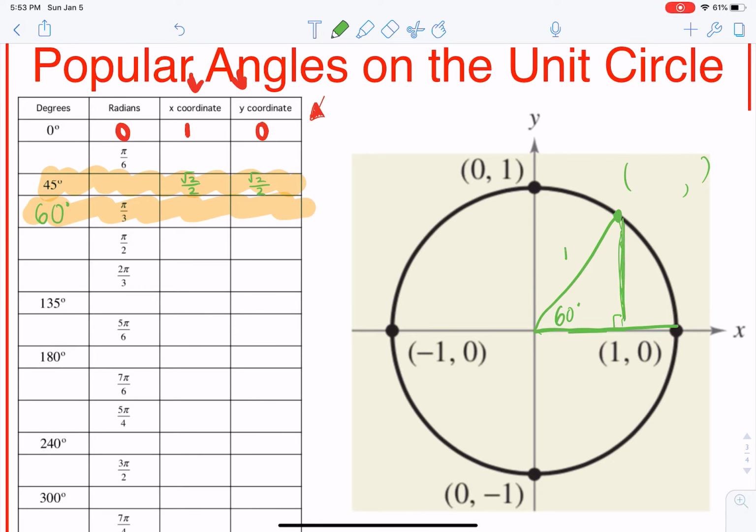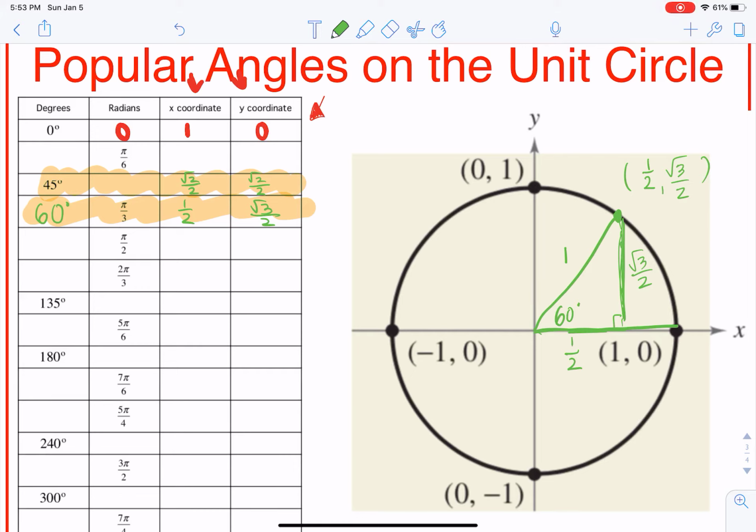Knowing that this has a radius of 1, if this is 60 degrees, my special right triangles tell me that the x-coordinate is 1/2 and that my y-coordinate is the square root of 3 over 2. So here I have 1/2 comma square root of 3 over 2.